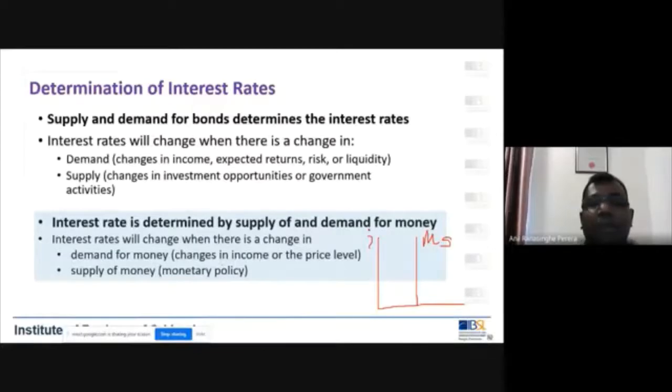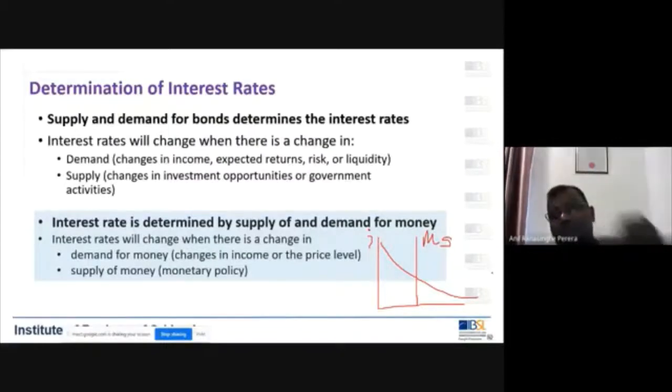But demand for money, remember we discussed different motives: transaction motive, precautionary motive, speculative motive, and we have seen the money demand curve is downward sloping based on income levels, price levels, etc. So demand and supply for money will determine the interest rate in the Keynesian analysis.